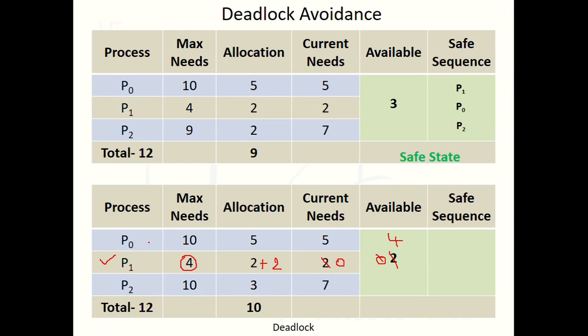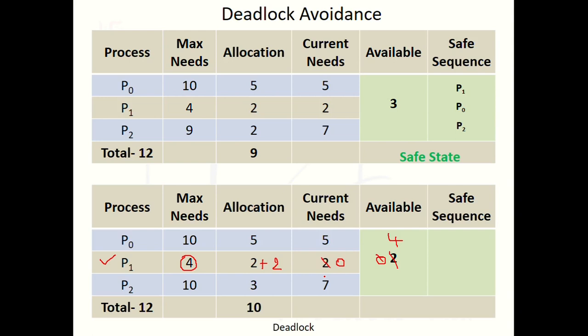If we look at process P0 and P2, the requirement of P0 is 5 and of P2 is 7. So is it possible to complete these processes with the 4 resources? No, it is not possible to complete these processes. If we look, these resources are actually held by some other processes in the set. It means it is the definition of deadlock.